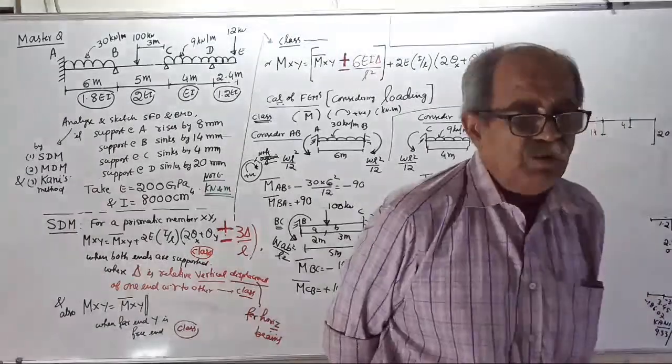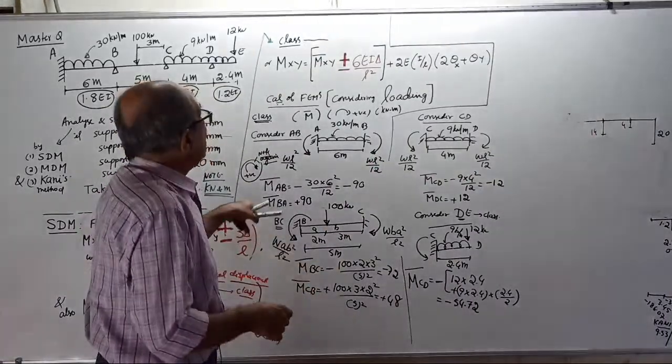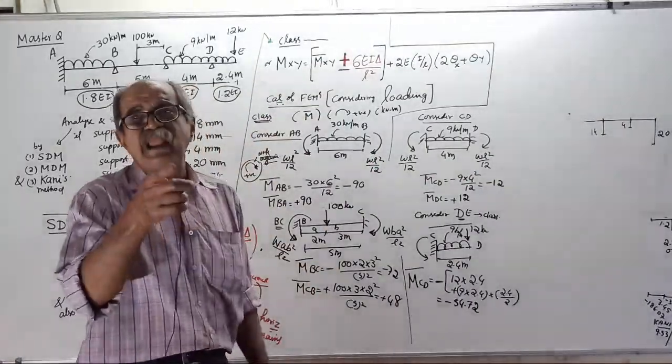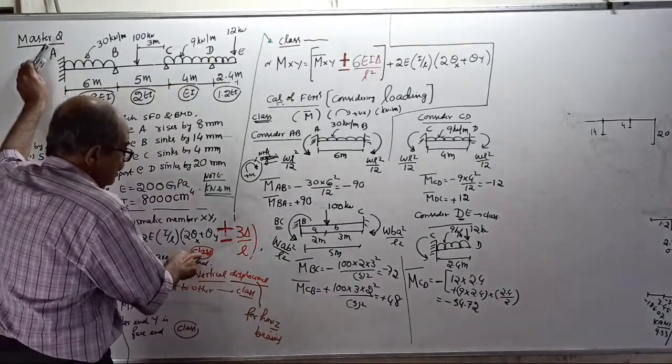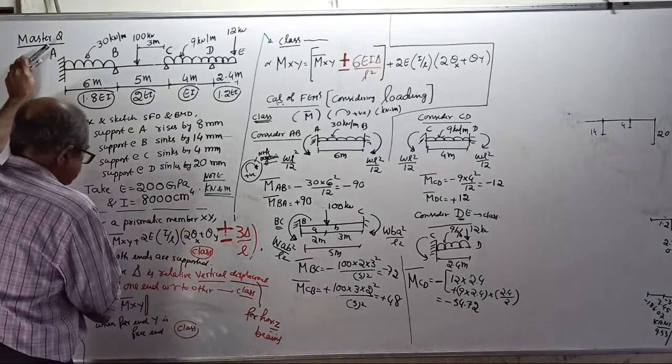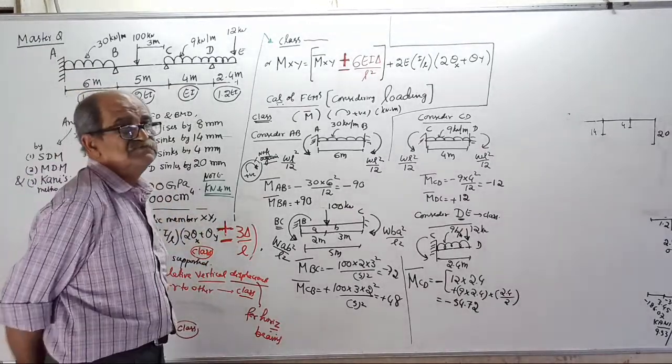Clear? Okay. Now, some important concept I am telling. I wrote, class. What all I tell, you should write it. Okay, start. Now, first note. This is the equation when both ends of member are supported.